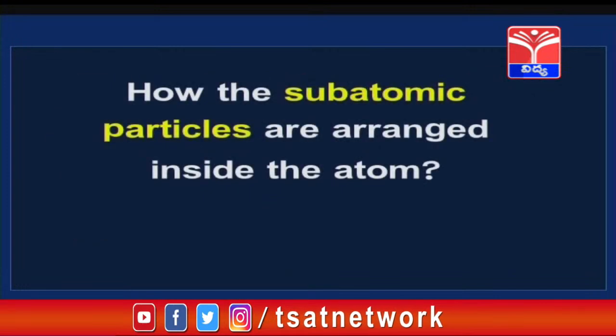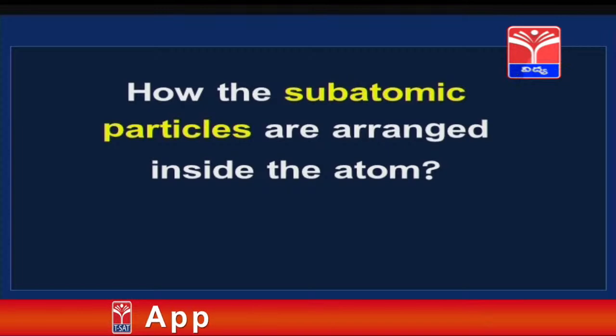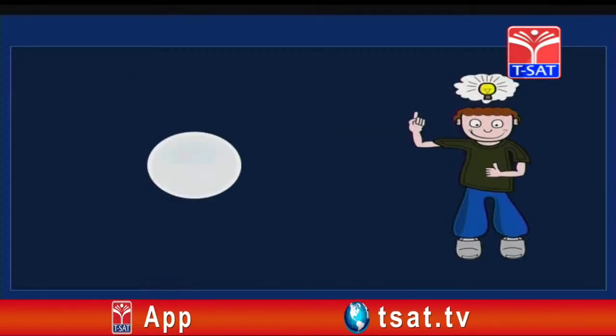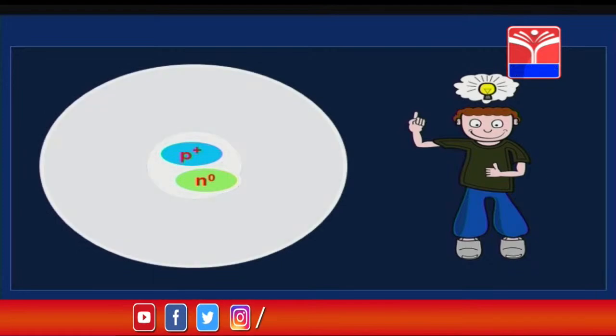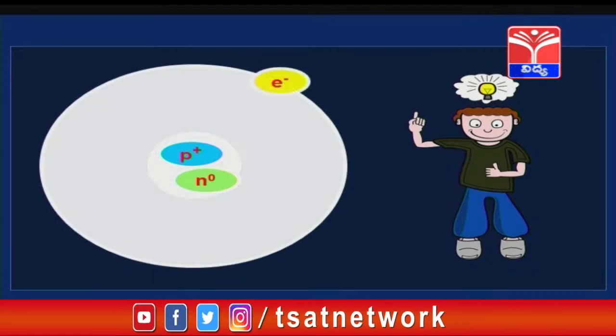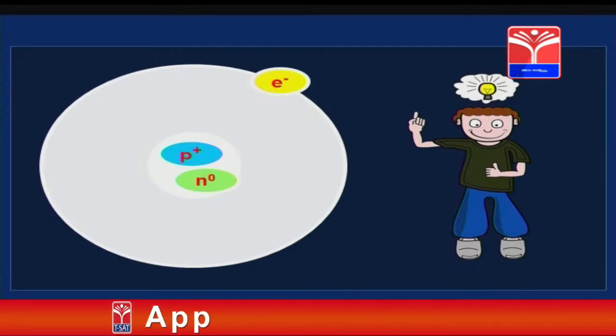How are the subatomic particles arranged inside the atom? Now, we will take the example of hydrogen and discuss this one. Now, it is the nucleus of the hydrogen atom, one proton, one neutron, and one electron revolving around the hydrogen atom. Now, what is the atomic number of hydrogen? 1.